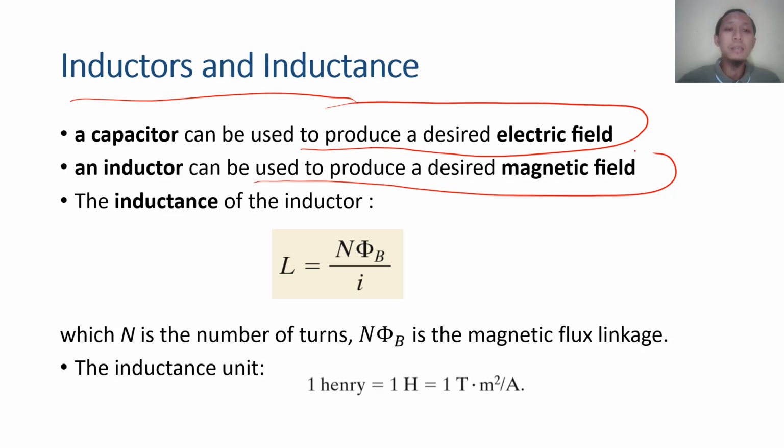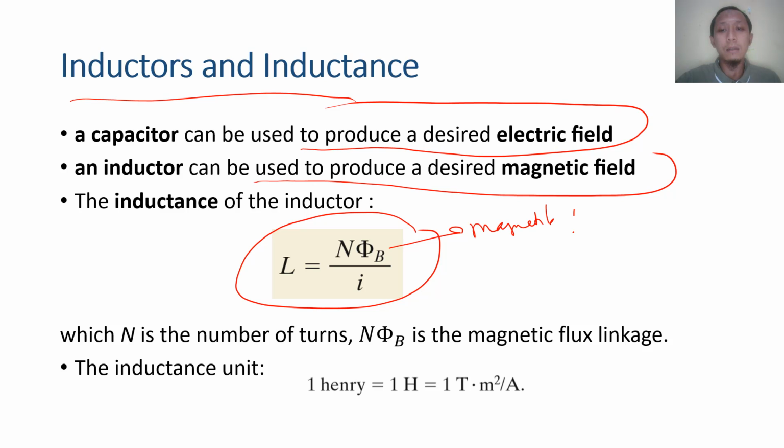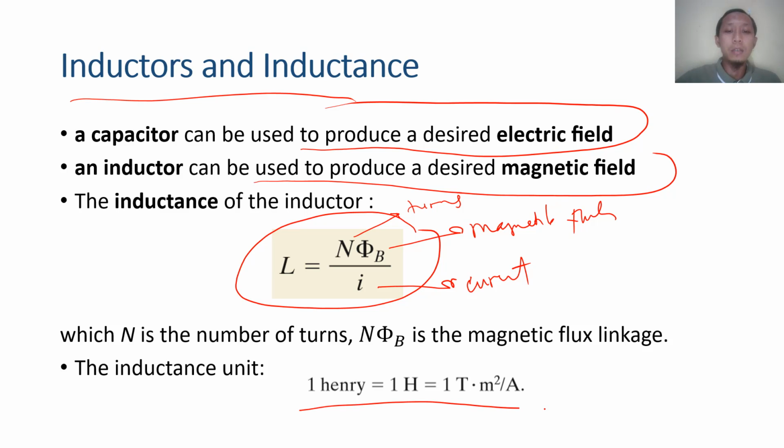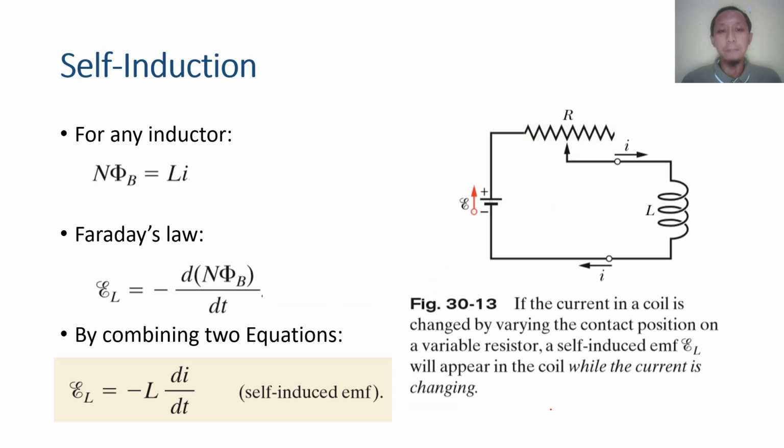The inductance of the inductor is L equal to N times magnetic flux per I, where this is the magnetic flux, this is the number of turns of the coil, and this is the current. The unit is 1 Henry, which is 1 Tesla meter squared per A.